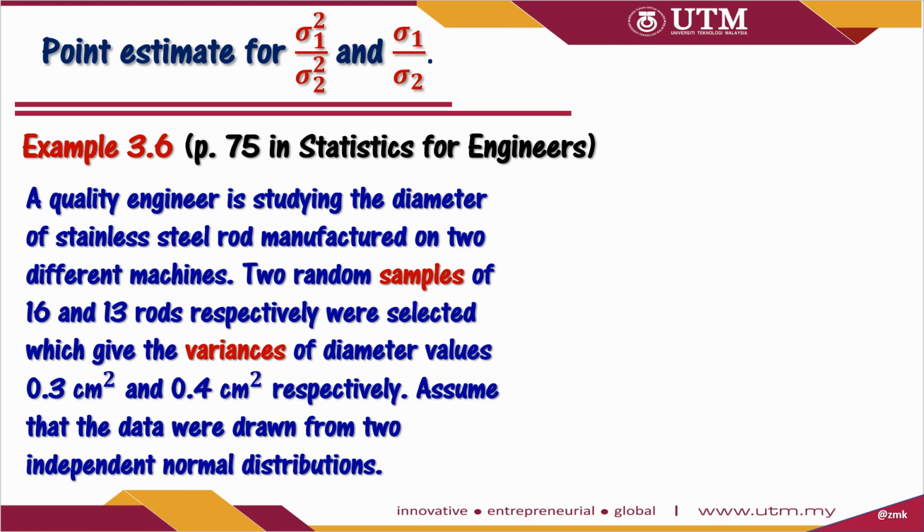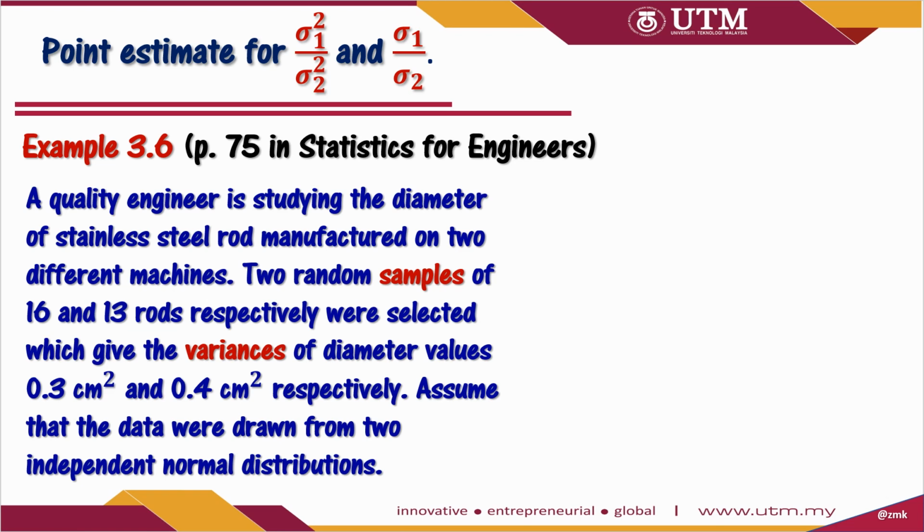Two random samples of 16 and 13 rods respectively were selected, which gives the variances of diameter values 0.3 cm squared and 0.4 cm squared respectively. Assume that the data were drawn from two independent normal distributions.